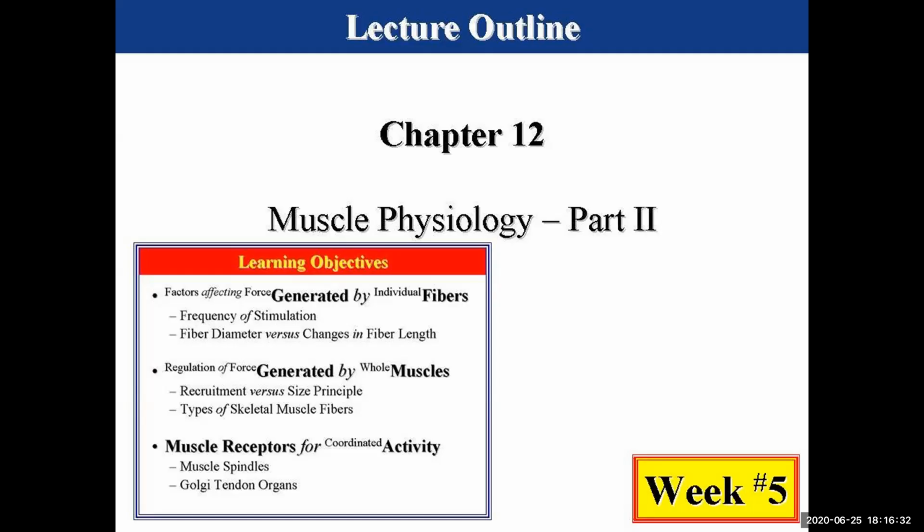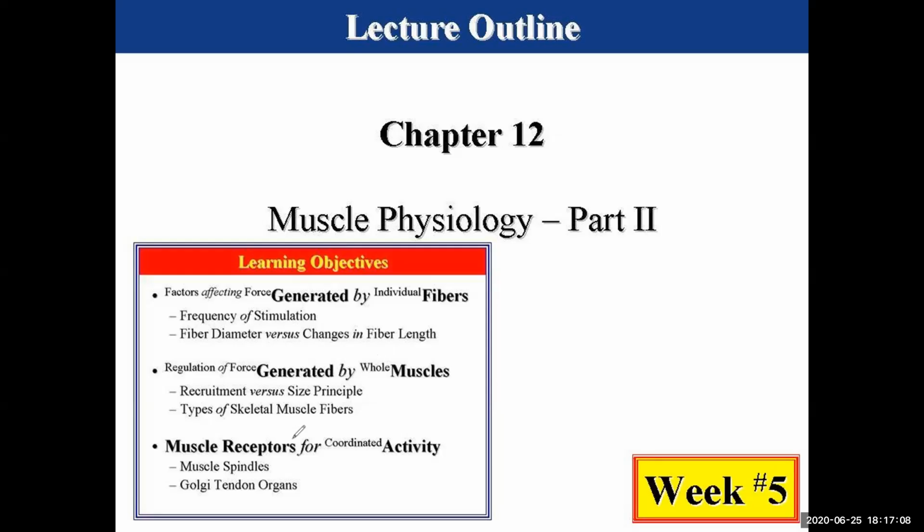So because of that, under the learning objective here, we're going to go over factors affecting tension generated by individual skeletal muscle fibers, and also factors influencing the tension generated by an entire skeletal muscle as an organ.